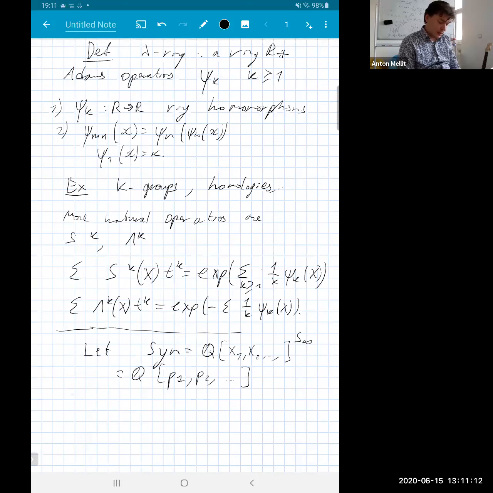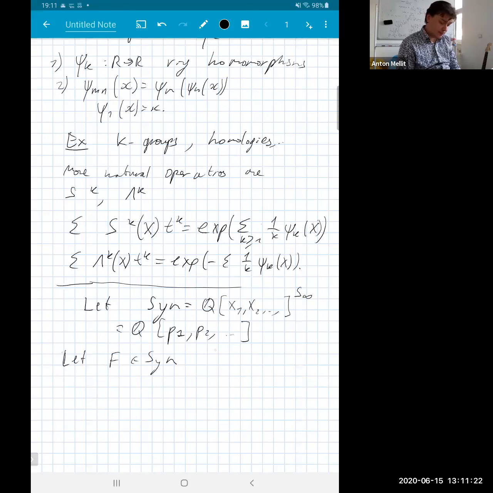So let f be an element of this ring, and write it as f of P1, P2, and so on.